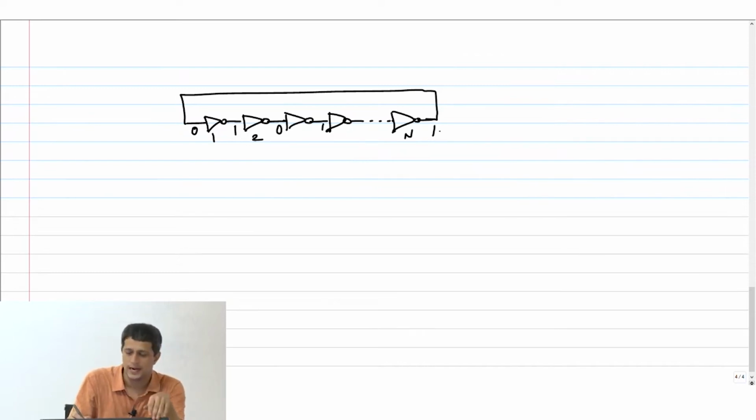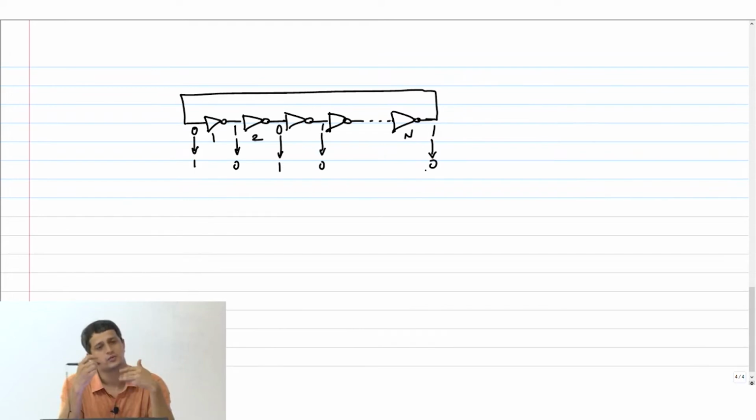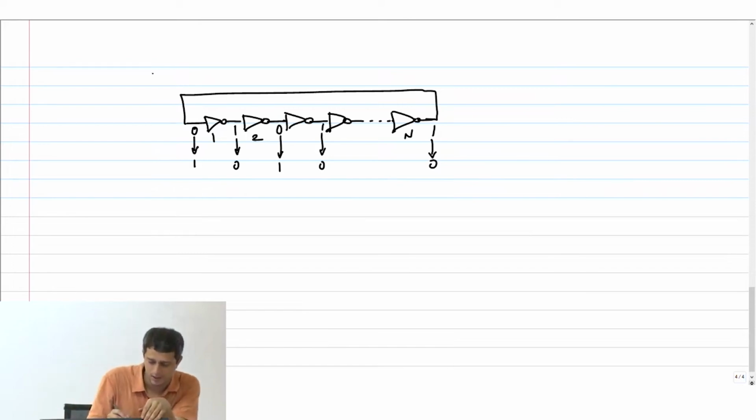And since it's fed back, this will now change to a 1, and this will switch to a 0, 1, 0, and this will keep going on and on. And not surprisingly, this is called a ring oscillator.